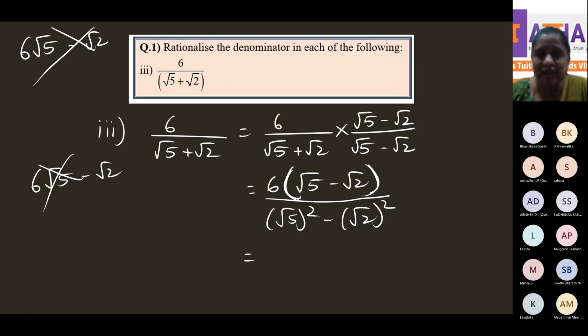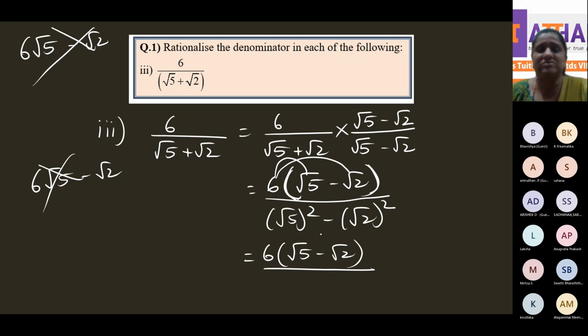Next step, children, never multiply. Now, if you have to multiply, it will be 6 root 5 minus 6 root 2. Don't multiply. I'll tell you why. Write the numerator as it is. 6 into root 5 minus root 2 divided by, what is the denominator? 5 minus 2, which is 3. Now you can simplify. 3 ones are, 3 twos are.